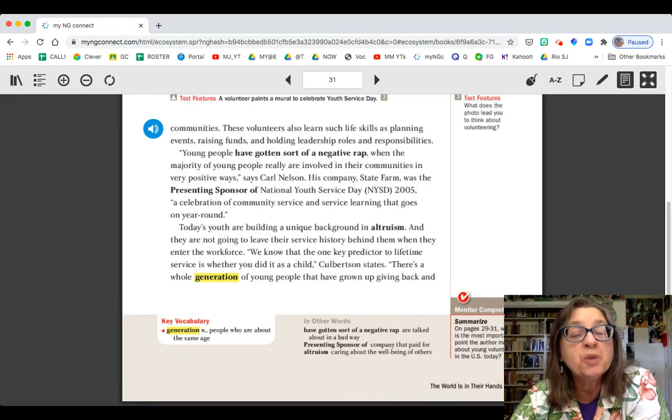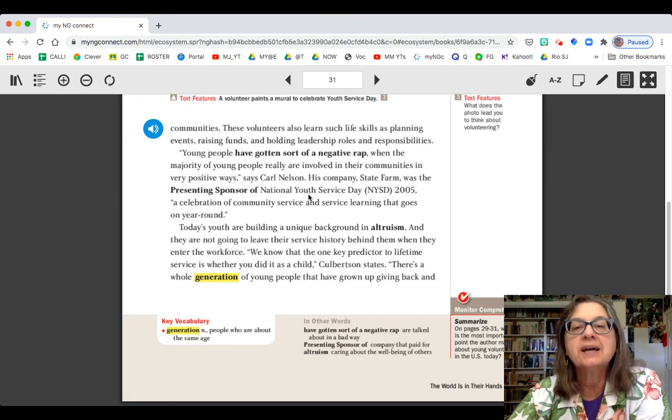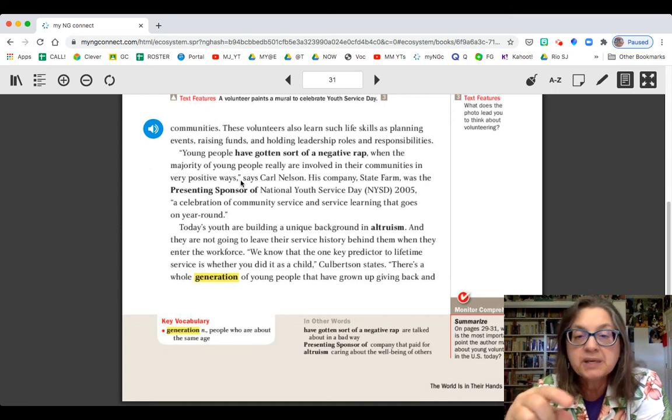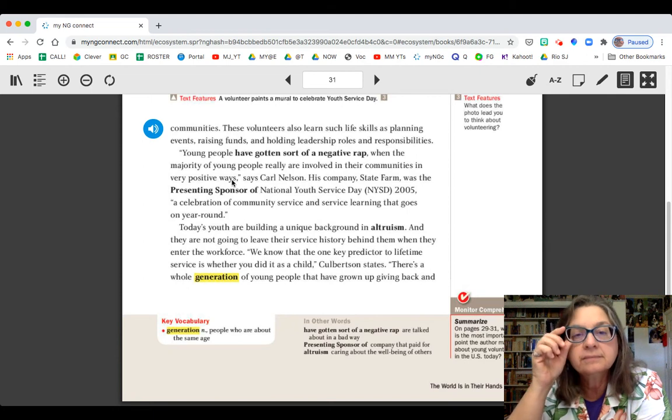And there can be more than one answer. It depends upon what you go back to in the text. I believe this because here it says this.